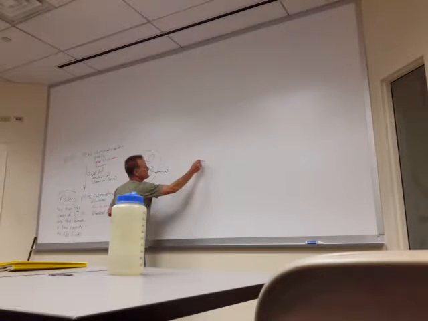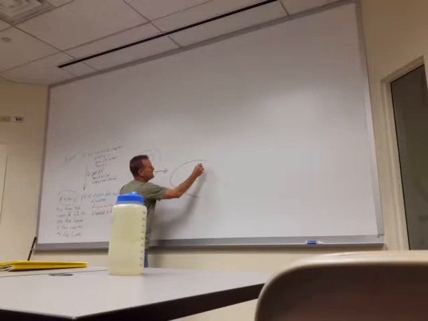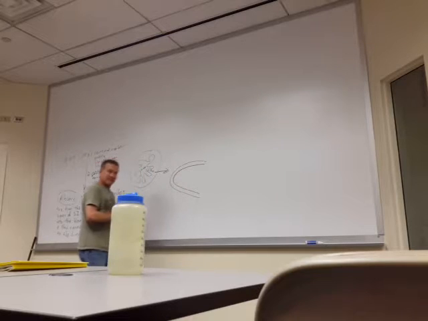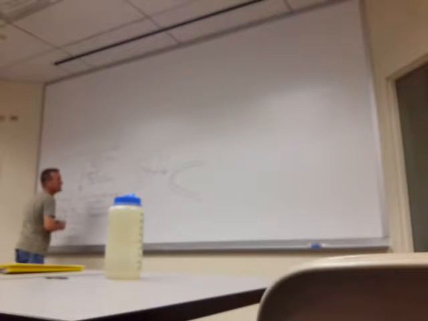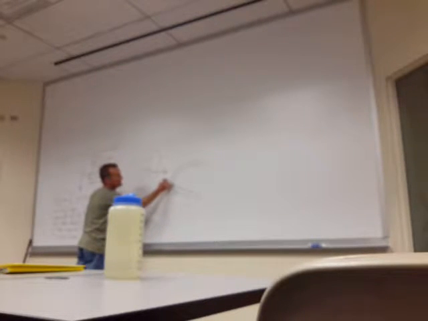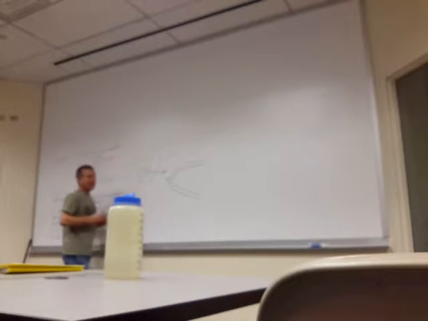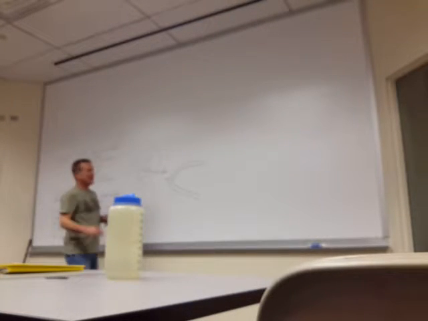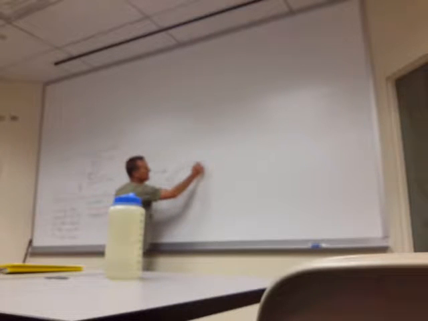So here's a villus, and for a point of reference, that point right there is right there. We know that the villi are lined overall with simple columnar.